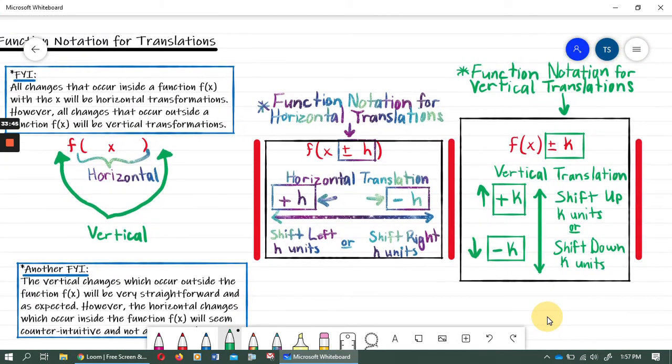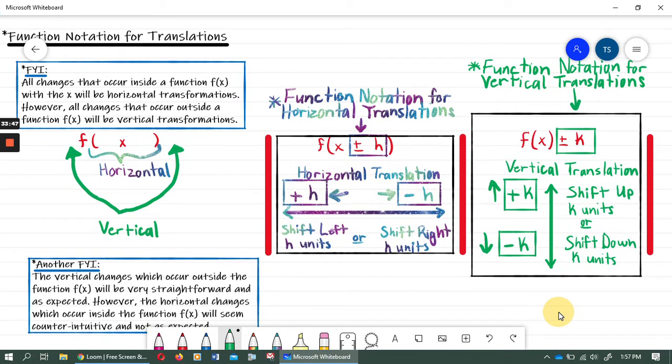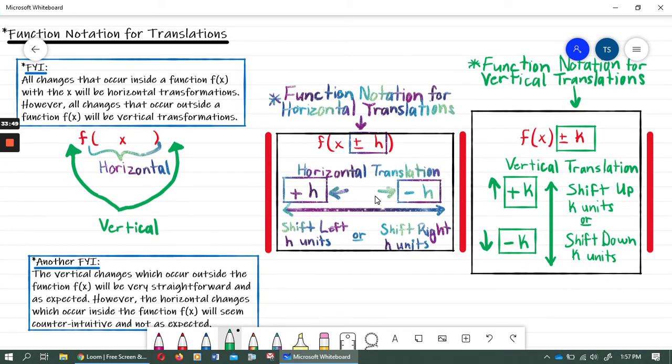All right. So again, that's the way your function notation looks. And again, guys, what you're seeing here is just the general way that it looks. We're going to look at examples where this h value on the inside is actually numbers, and where the k value on the outside is actual numbers. And we're going to look at examples showing each of those different types of parent functions that I showed you earlier.